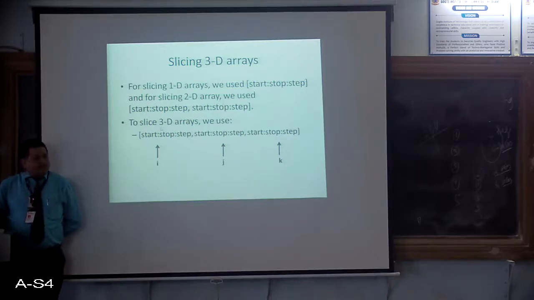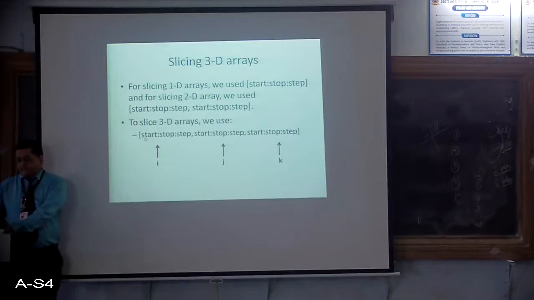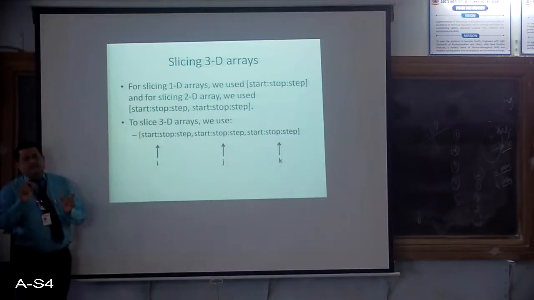Since we are dealing with a three-dimensional array, we'll have start, stop, step for the outermost dimension, start, stop, step for the inner dimension, and start, stop, step for the innermost dimension. That is i, which is the outermost dimension, j is the inner dimension, and k is the innermost dimension. So to get a slice of a three-dimensional array, we have to use start, stop, step 3 times. One for the outermost, one for the inner, and one for the innermost.